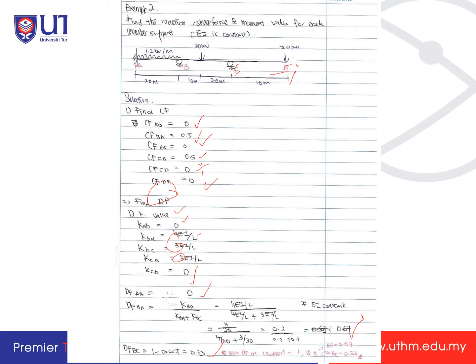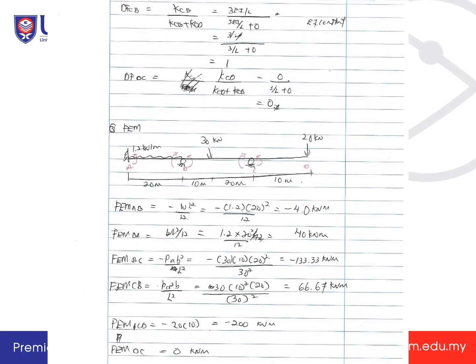If you use the equation KBC over KBA plus KBC, you will get 0.33 also. Then you will get KCB, you get a value of 1. And then KDC is 0 at the free end.